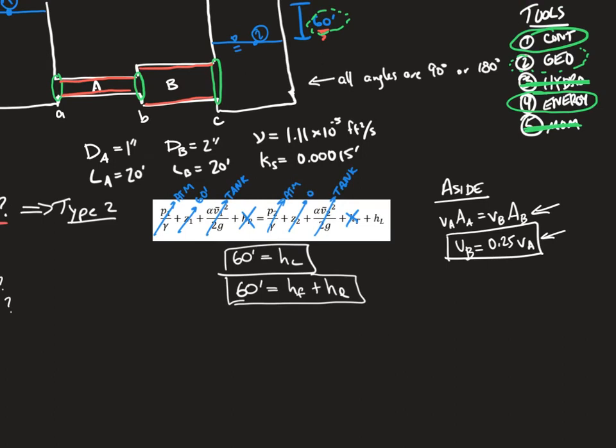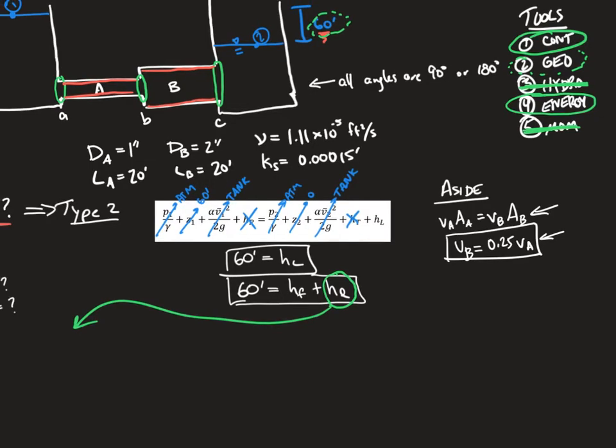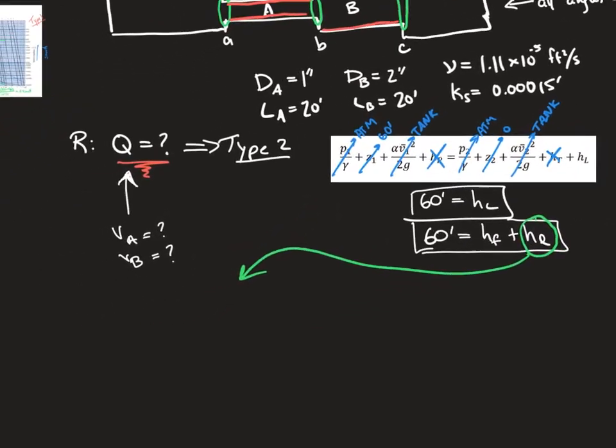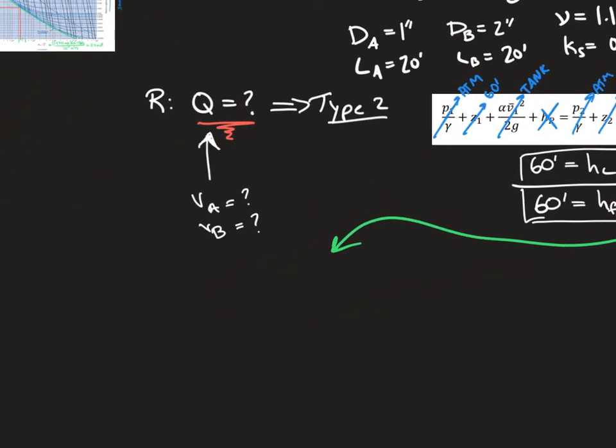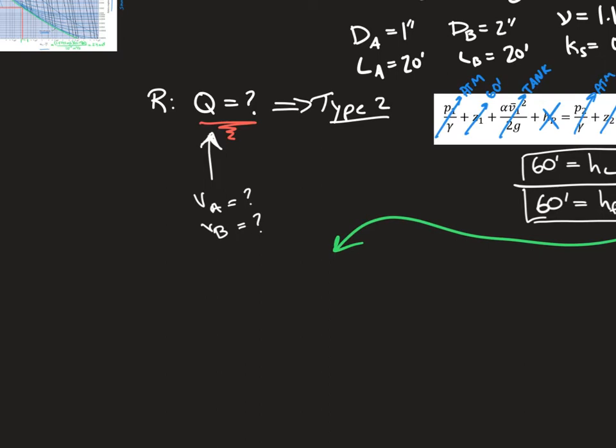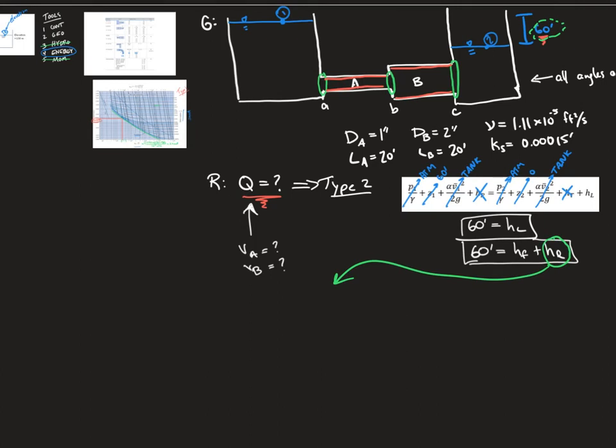What I'm going to do at this point is focus on these terms separately. The first term I want to focus on is the minor losses. If we keep in mind where our picture is, that's going to be at lowercase a, lowercase b, lowercase c.